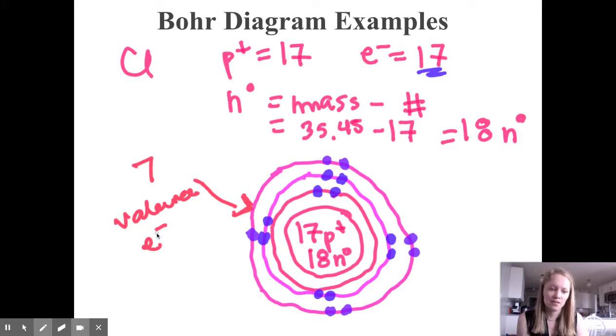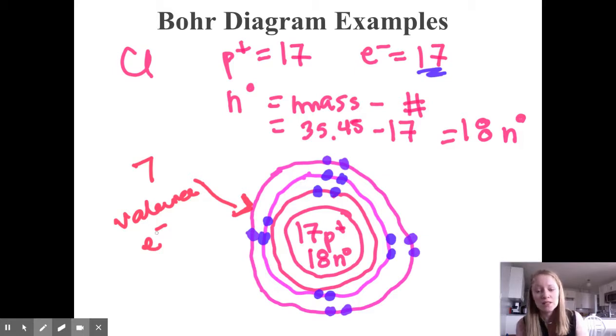Okay, and this deals with reactivity. You will notice if you find chlorine on your periodic table that chlorine is in group 17, which are your halogen gases. If you remember from your periodic table notes, we learned that your halogen gases are highly reactive.